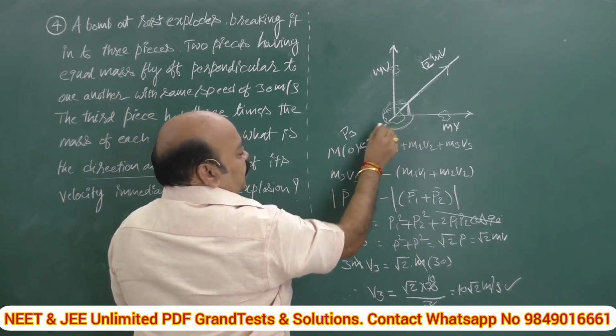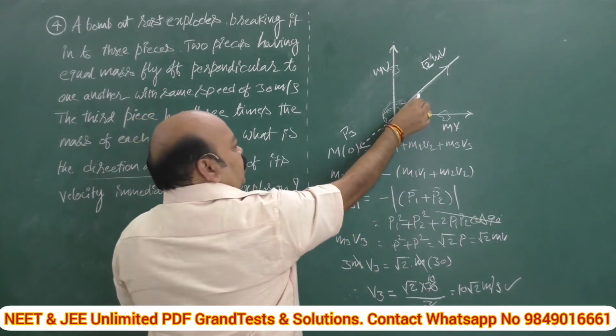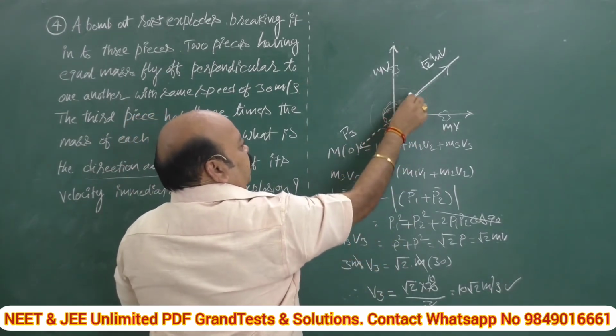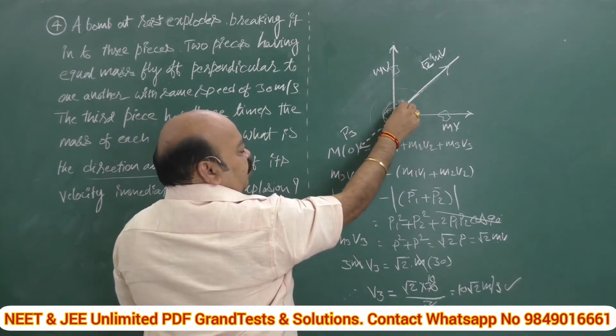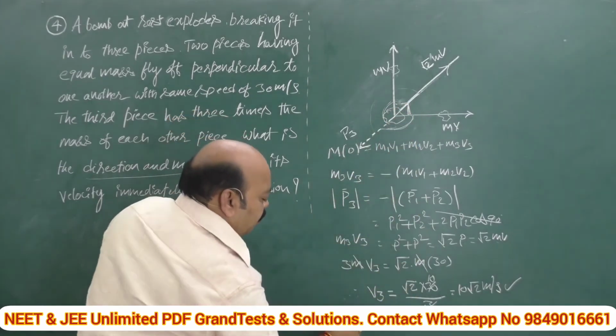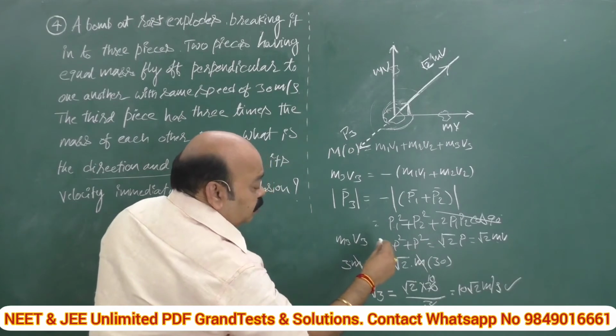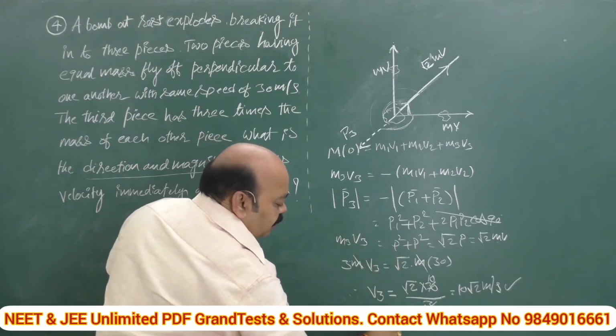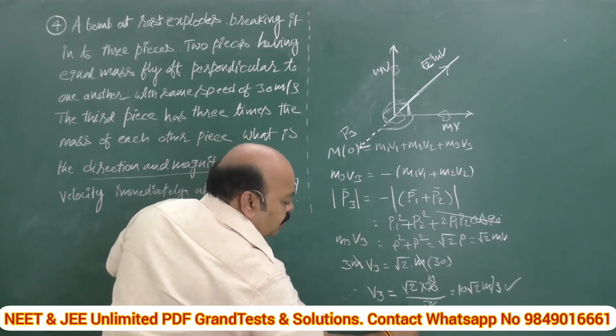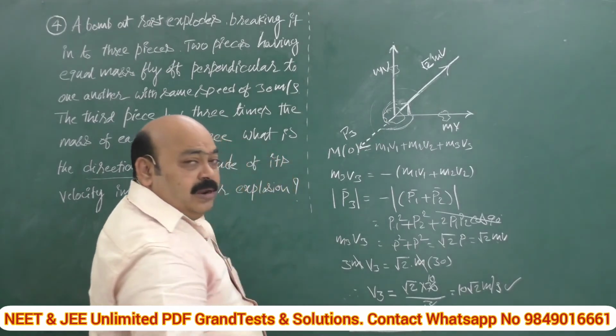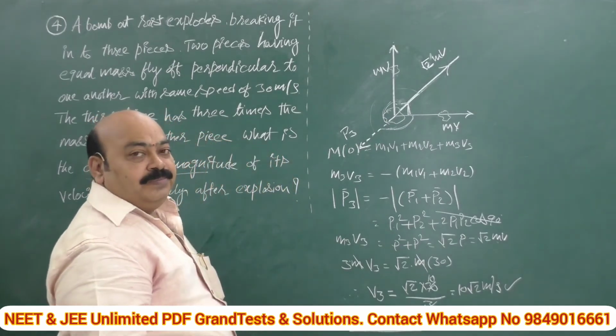With this one also we can write, because it is a straight line, 180. Simply we have to subtract this half value 45. It is nothing but 135 degrees with whom? Either with the first body, with P1 or with P2. The momentum of the first one or second one we can say.